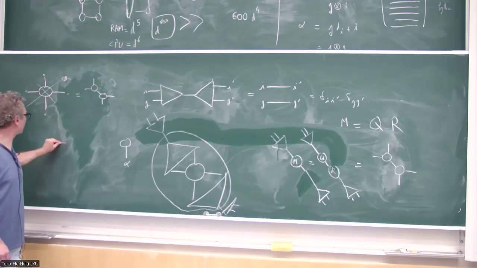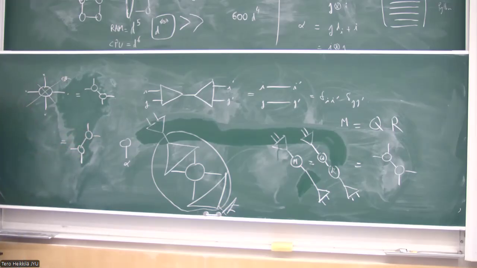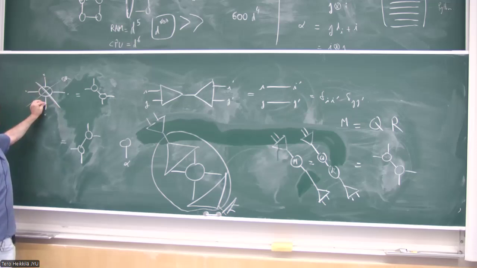So I could also write it as a different factorization. I can do like that, cut along this way. And I could also take this one together with these other two. And then I'm in trouble. I need to permute before the reshaping. Okay?